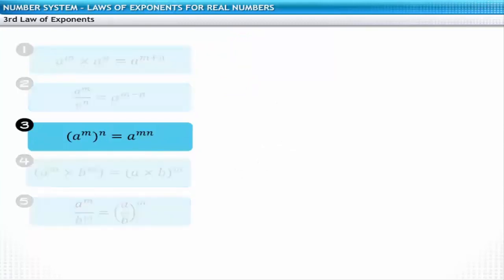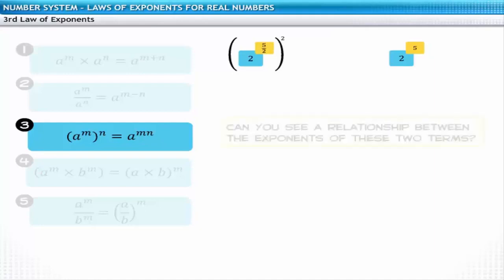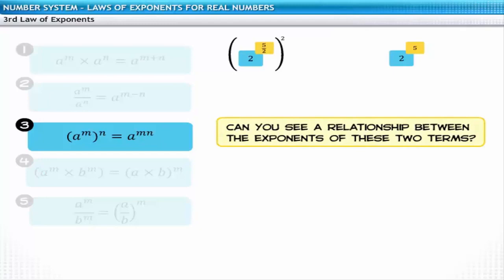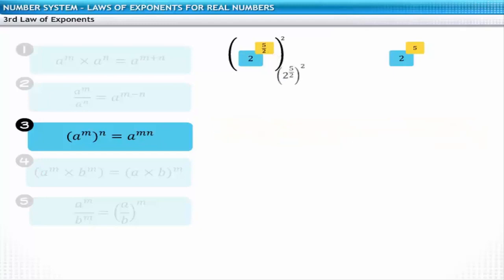Let's move on to verify the third law of exponents. Consider the next example. Here we have two terms: 2 raised to the power of 5 upon 2, the whole raised to 2, and 2 raised to the power of 5. Can you see a relationship between the exponents of these two terms? Let's examine the first term.